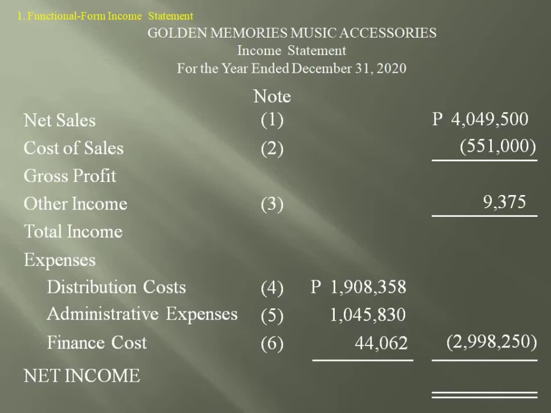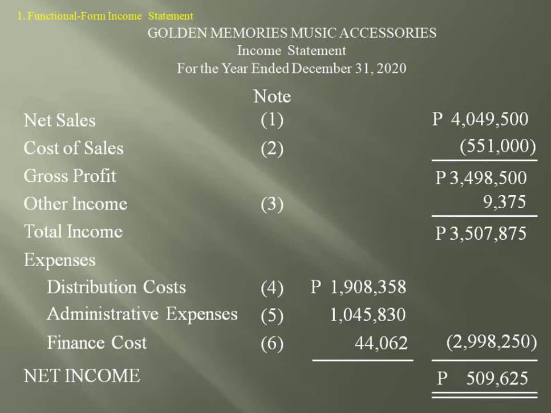And deducted from the net sales to get the gross profit of 3,498,500. Add other income of 9,375 equals total income of 3,507,875. And then deduct the total expenses of 2,998,250 equals 509,625 net income.